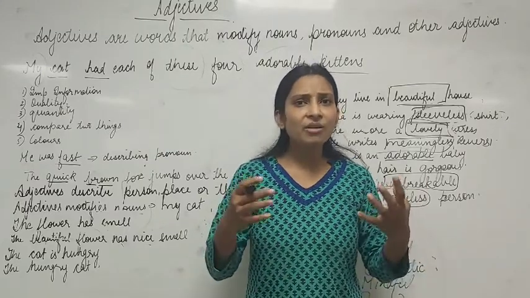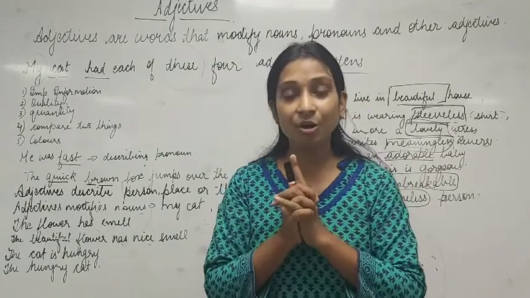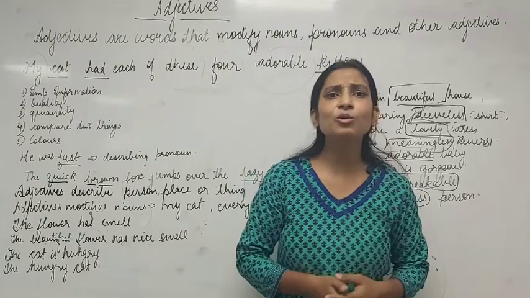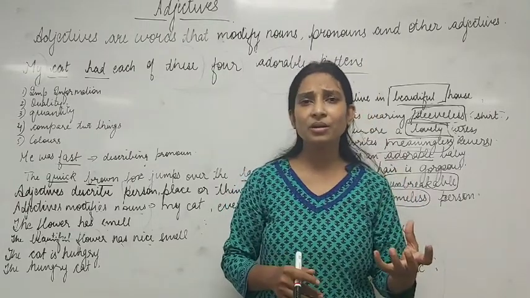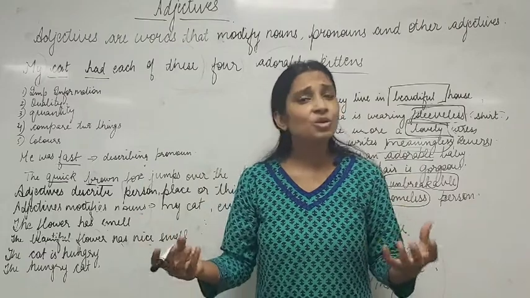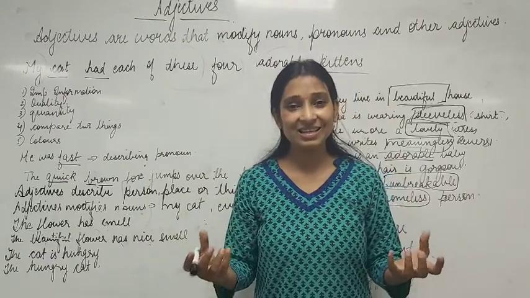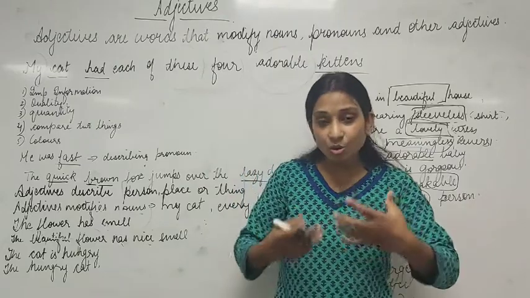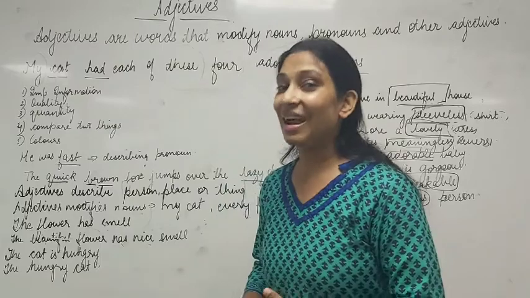Okay, so he is handsome. Are we telling something about he over here? Are we describing the pronoun over here, right? Handsome. So is it an adjective? Yes. Is that clear? So when we use all these words to describe a noun, they are known as adjectives.